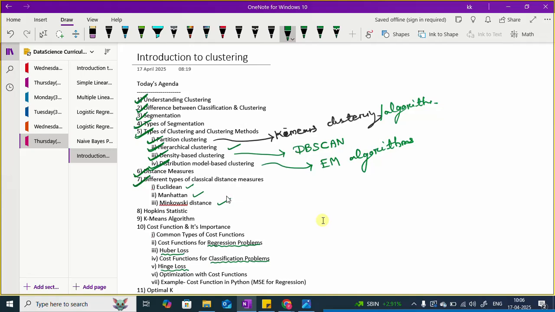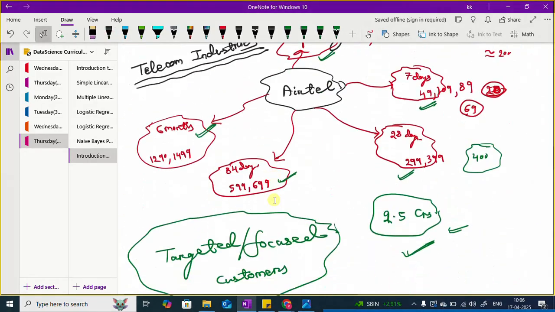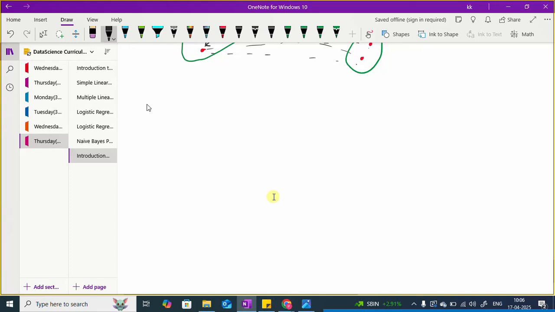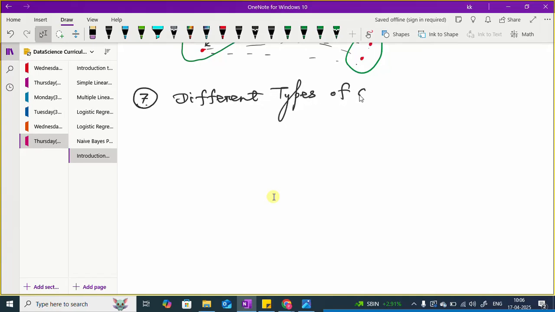Now let's see point number 7, different types of classical distance measure.